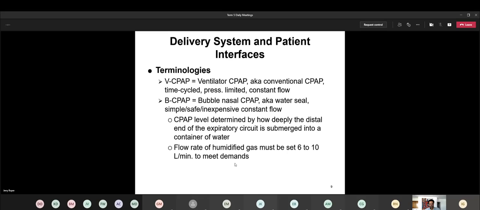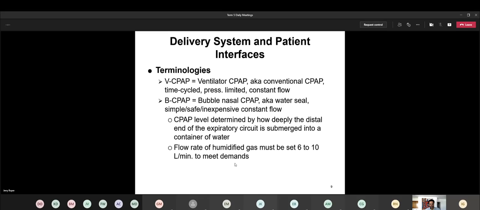Hospitals have been saving money by making their own bubble CPAP systems instead of buying the ones from the manufacturer. Because all it really would take is some kind of container with water, and then take your tubing and the exhalation side, dip that in the water, and then provide some constant flow through the other side of the tubing, and you've got a bubble CPAP set up.